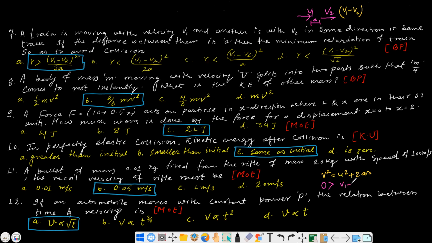So this is v1 minus v2. यति velocity ले हिँडिरहेछन् minus 2 into retardation. Instead of this acceleration, I just write retardation, and the distance travel is a. So if you just simplify this thing, if you bring this r this side, then what you're gonna get is retardation is greater than or equal to (v1 minus v2) squared divided by 2a. So what is the answer in here? This one is going to be the correct answer.